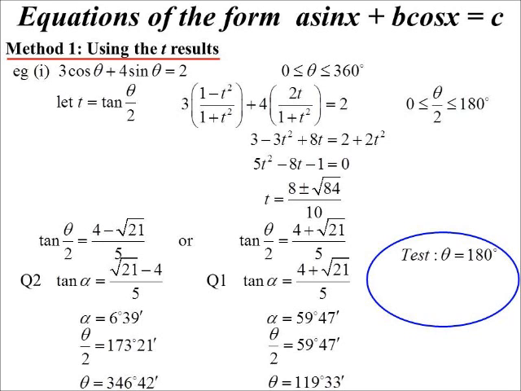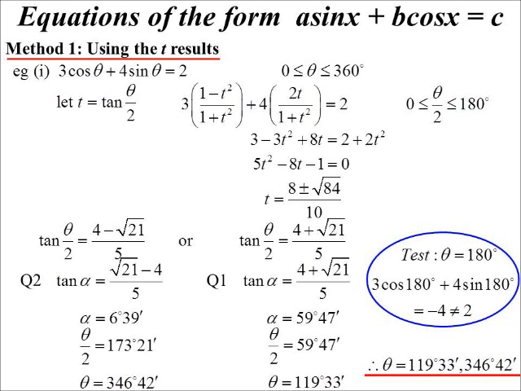So we just need to physically test to see if it is a solution. So 180 degrees, if I sub that in, cos of 180 is negative 1. Sine of 180 is 0. No, it's not going to work, is it? Okay, so we only have 2 answers.